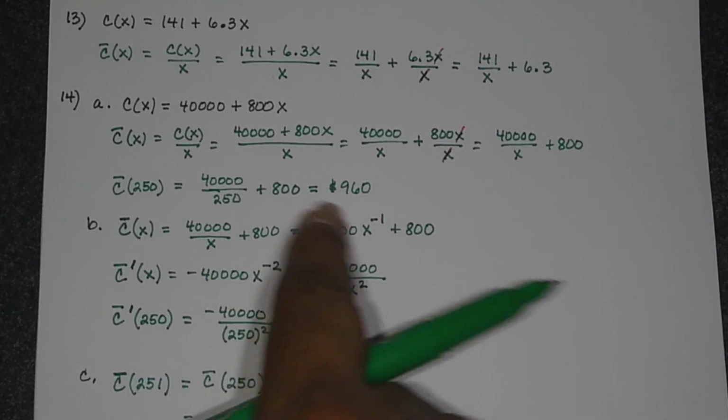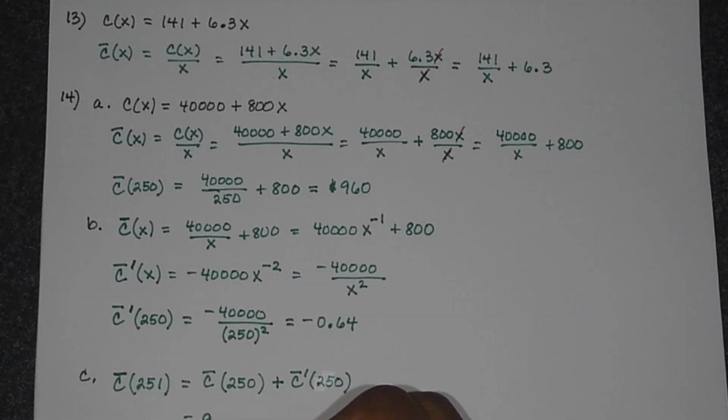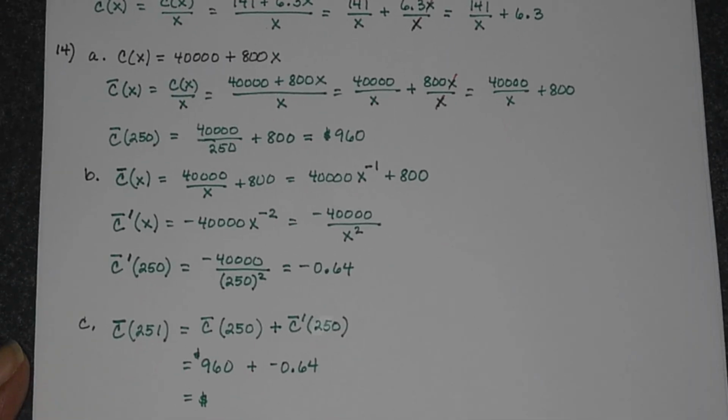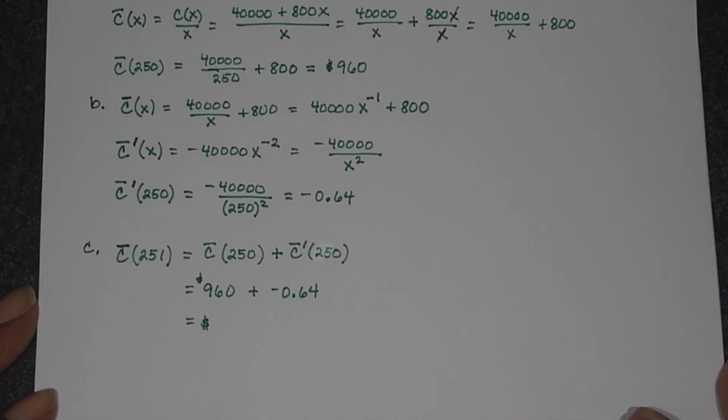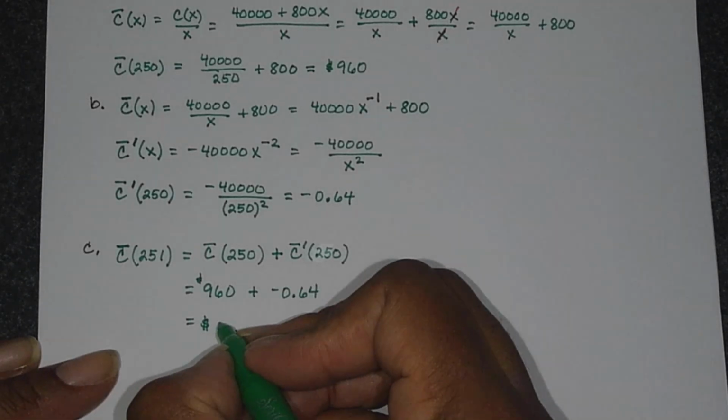Cost for 250 items back in part A was $960 plus that negative 0.64. Oops, let me bring this up so y'all can see it. So what's 960 plus a negative 0.64? 959.36.